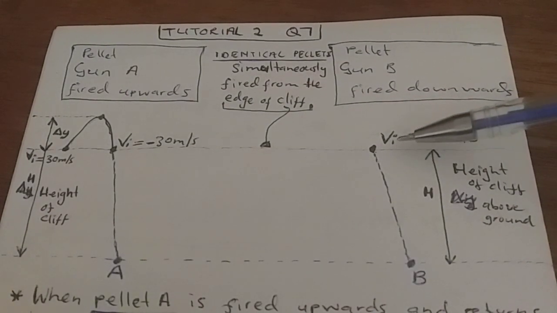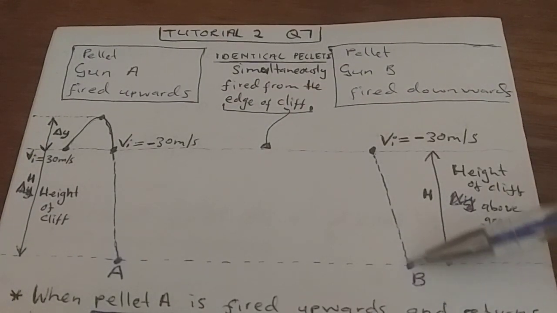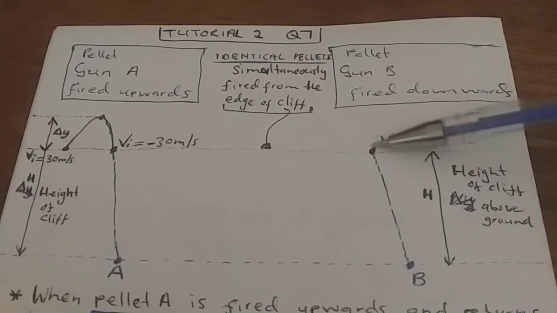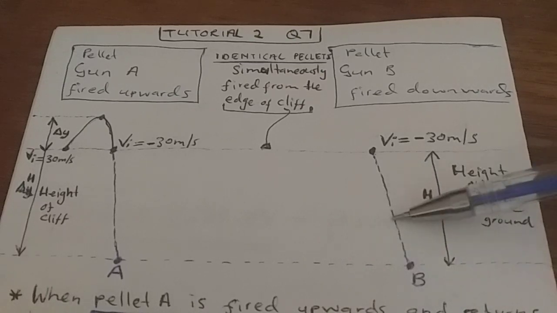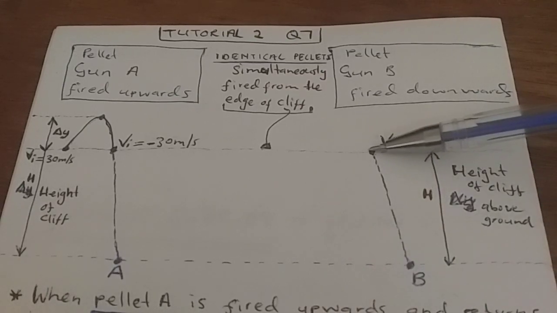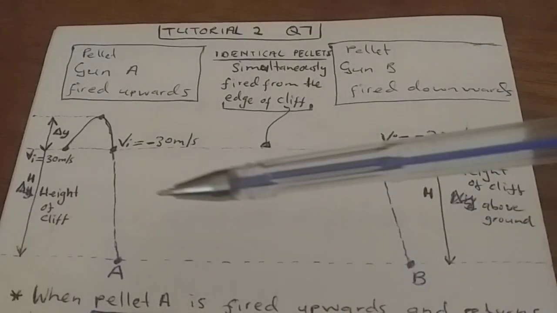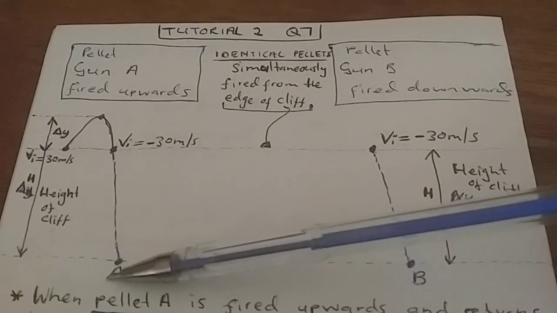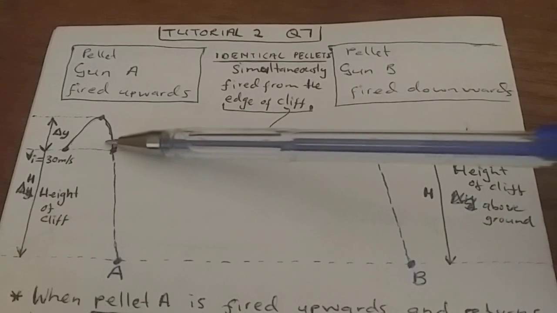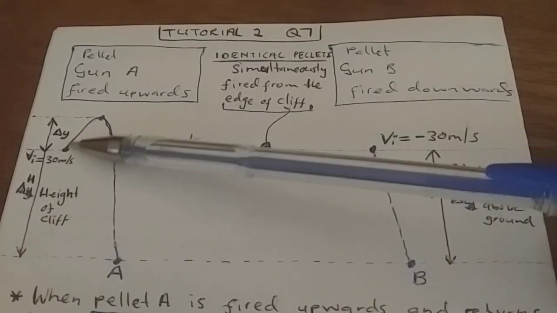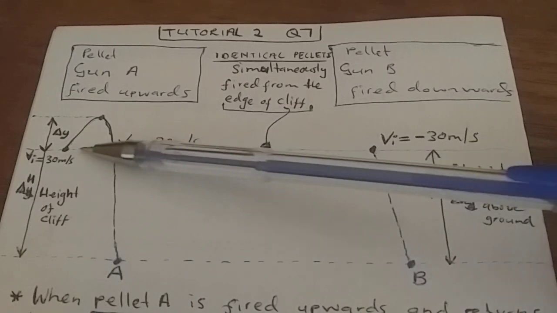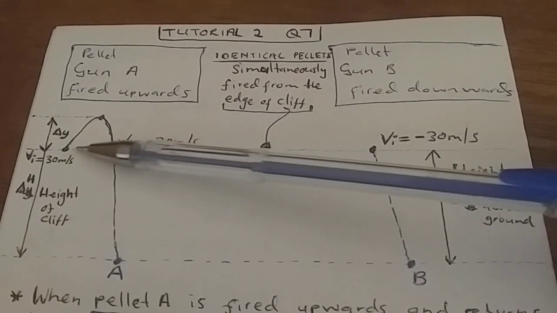For gun pellet B, it just started with negative 30, which means 30 meters per second downwards. The time taken from here to there is the same as the time taken from there to there. So the only delay is the time taken for the pellet to reach the same level as it was thrown.